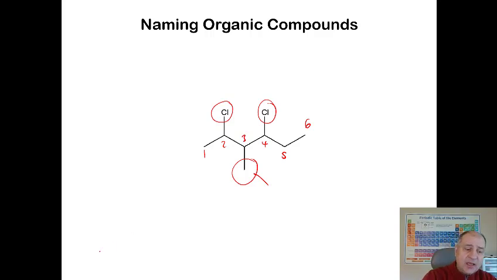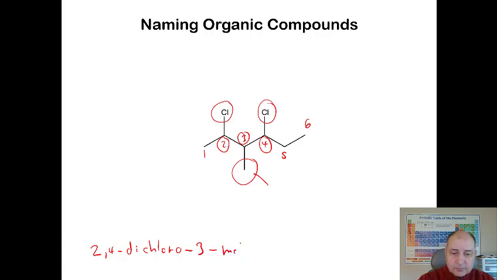So this would be 2,4-dichloro, and then a dash, and the position where the other group is, 3-methylhexane. Hex is for the 6.